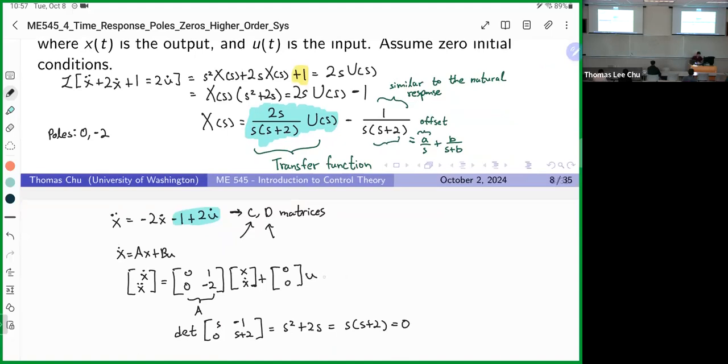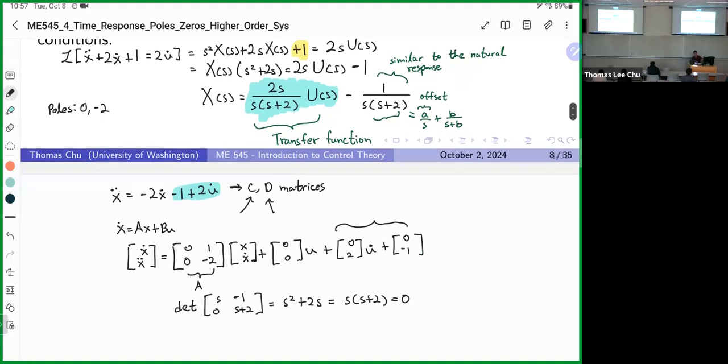If I were to be complete, it would just be [0, 2] times u dot plus [0, -1]. But these are just terms that are not part of the state equation. At the end of the day, the poles are only dependent on the A matrix.